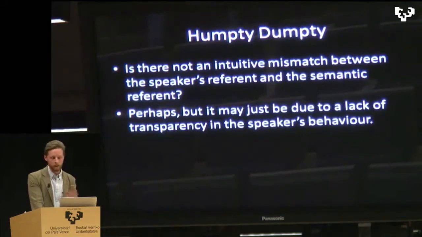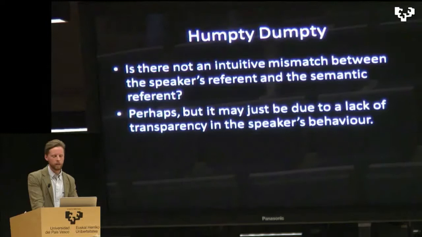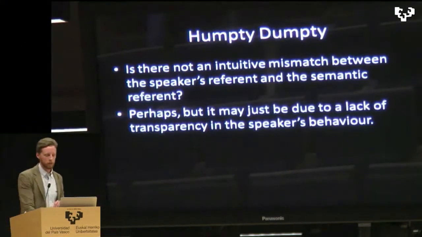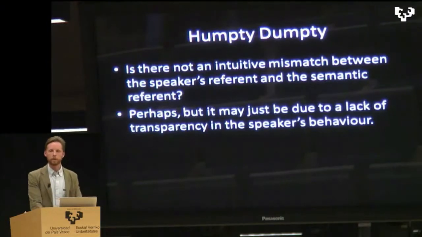But I think that's in general a reasonable claim. But I think there's also a way in which one might explain away this intuitive mismatch. You don't have to do it in terms of an actual mismatch between the semantic content and the speaker content. It might just be that the lack of transparency in a Humpty Dumpty case leads you to think that there must be a mismatch here.